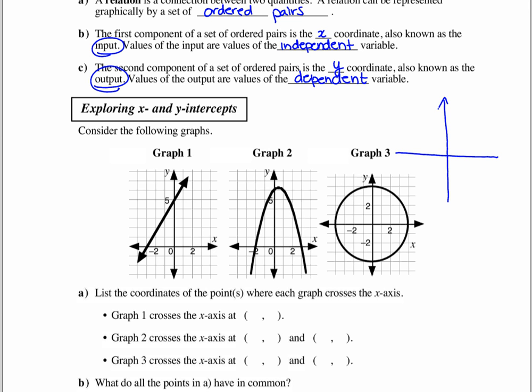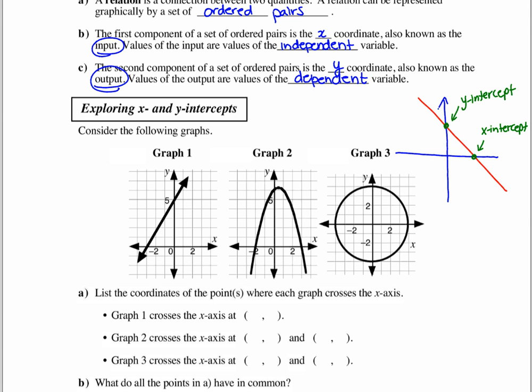So if we have a line or a curve or anything, this would be our x-intercept, where the line crosses the x-axis. And then again, the y-intercept logically is where the line crosses the y-axis.